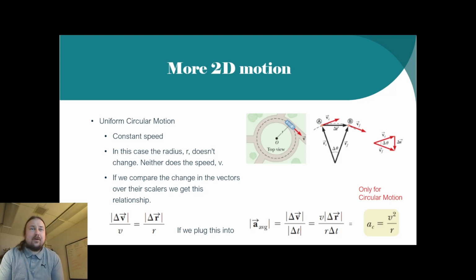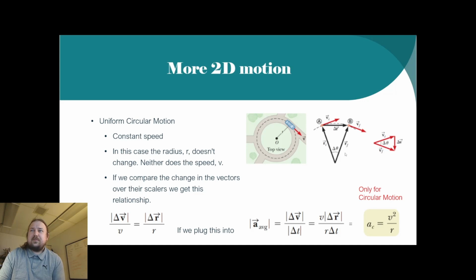So speaking of the car in the roundabout, that's the one we have here for our example. It's a top view of a car going around and around in a circle at a constant v. If you were to track this car as it went around, you will see a couple of things. One, the radius remains the same. The radius initial and the radius final are both the same because the circle is a uniform circle.